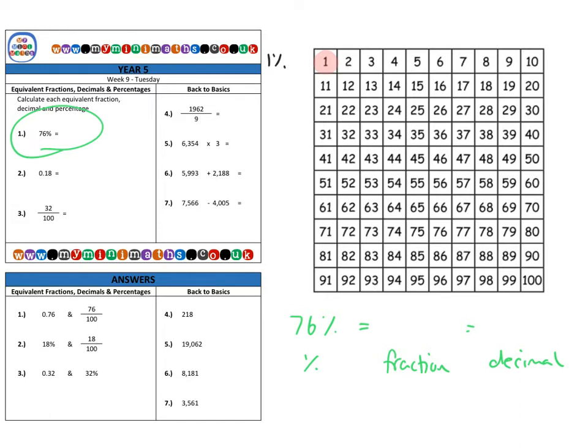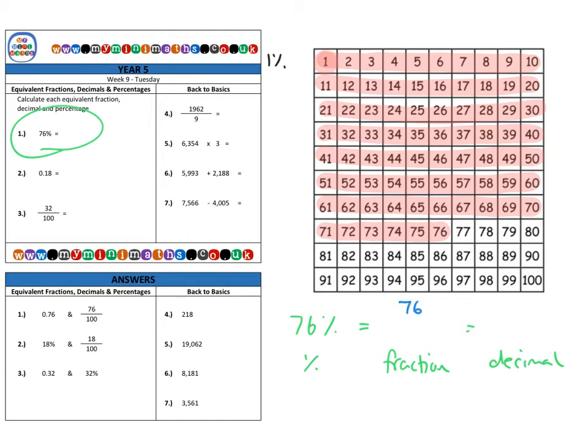So if we need 76%, we're going to need 76 of these squares. So there's my first 10, 20, 30, 40, 50, 60, 70, 76. So we have 76%, so 76 of the squares, which brings us very nicely onto the fraction.